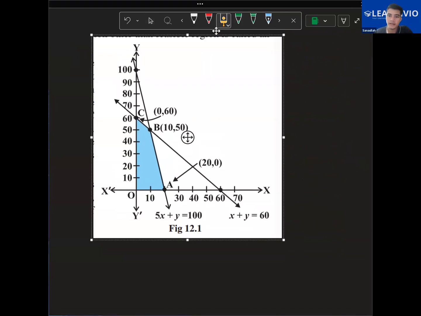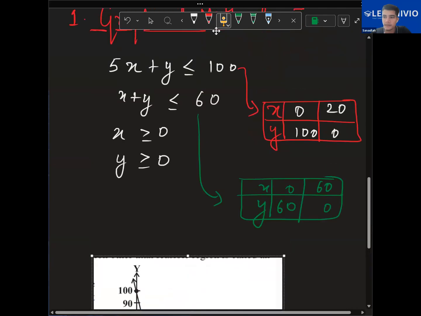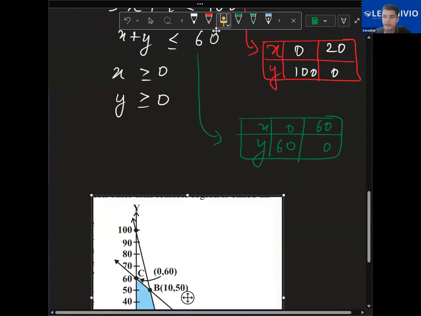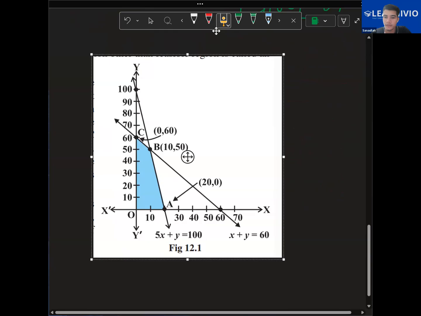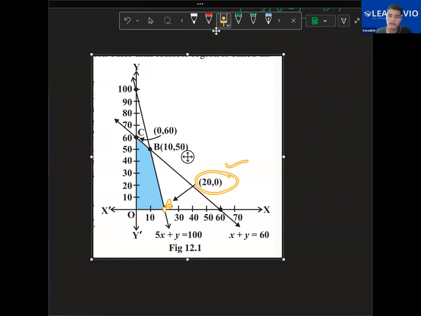This line is 5x plus y. x is 20 and y is 0. See, this is a point A, that is 20 comma 0, right?